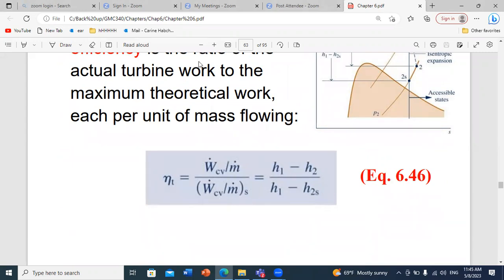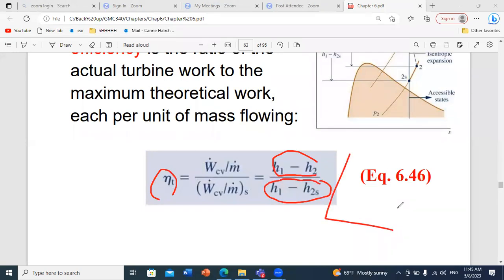Okay? So if we divide H1 minus H2 by H1 minus H2S, which is the isentropic scenario, we get the efficiency. And of course, this efficiency is smaller than 1. It's between 0 and 1 because it's impossible to have delta H actual larger than delta H ideal. Okay? Now we'll take an example to see how we use the isentropic efficiencies.